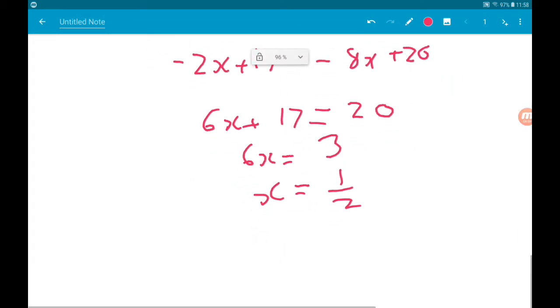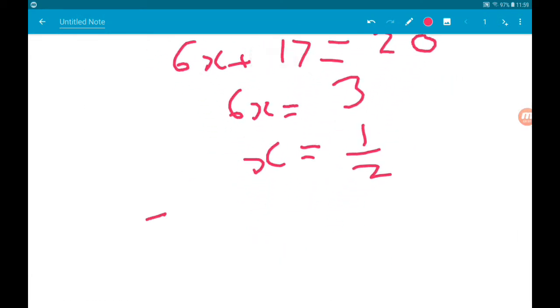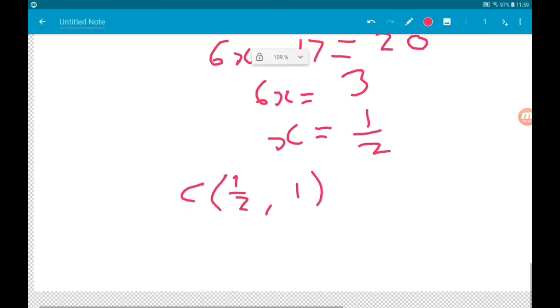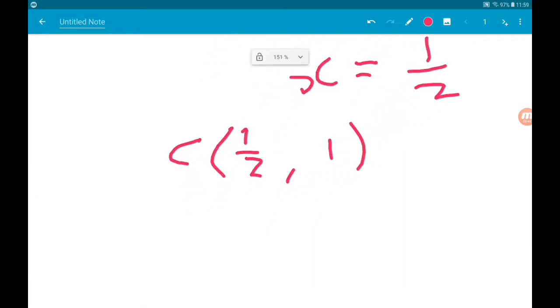So the coordinates of C are (1/2, 1). The position vector is then 1/2 i add j. 1/2 to the right, 1 up. Cool.